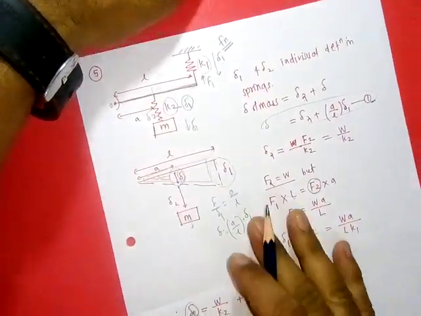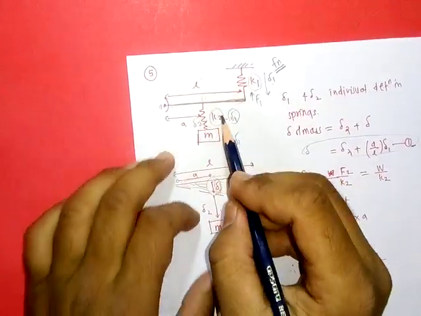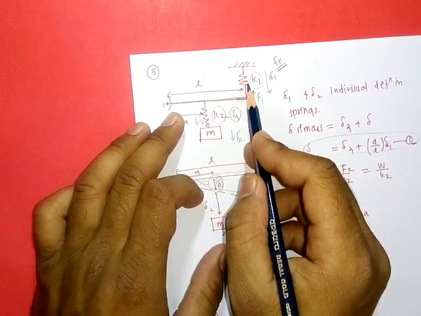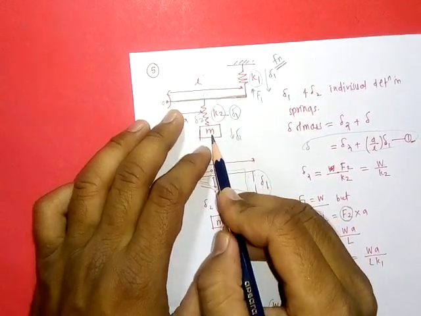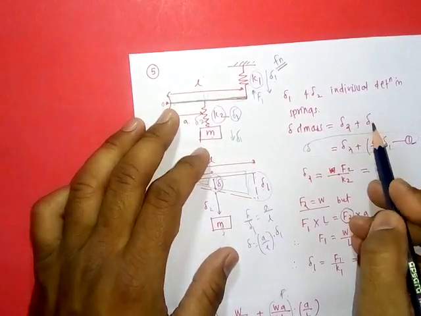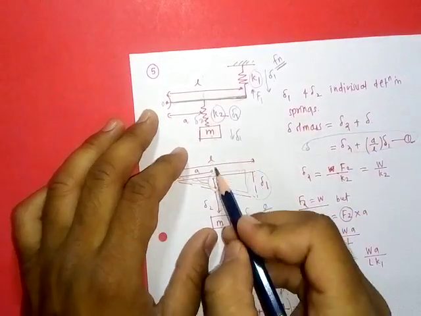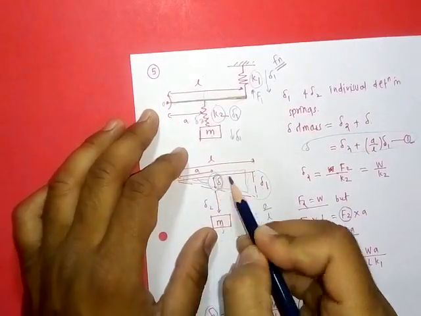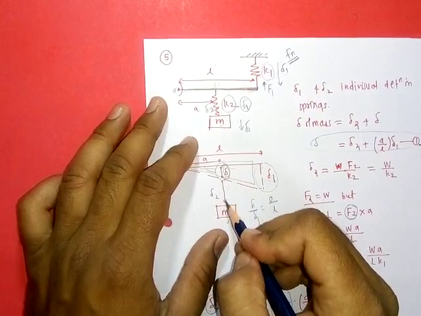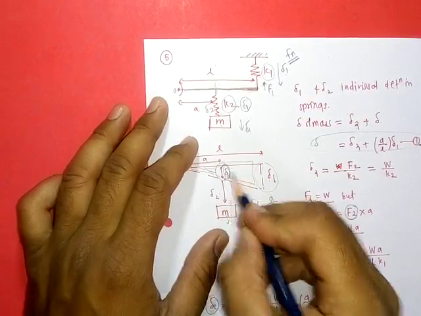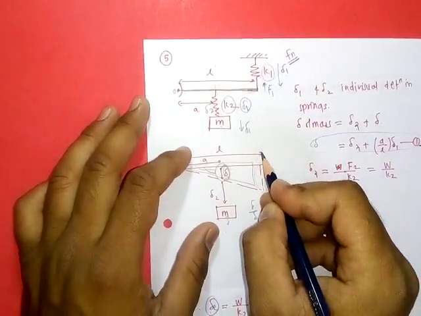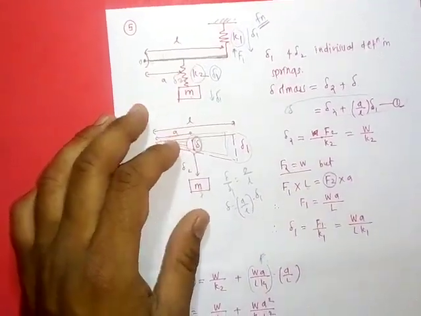The important point is that as both springs are attached separately, deformation of mass is not exactly equal to del 1 plus del 2, but we have to consider the resultant deformation exactly above this mass due to the spring at a distance L. Okay, this is the problem.